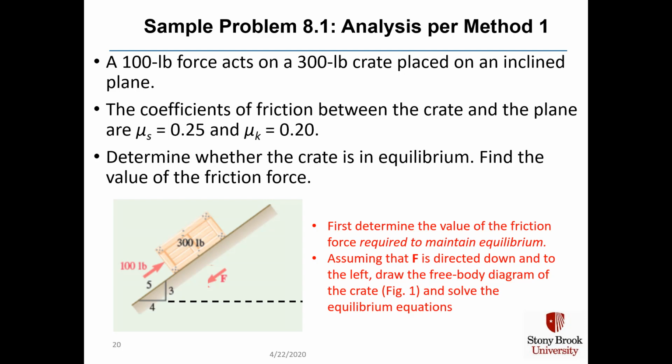And another side point is that even though we've drawn F going down and to the left, if our assumption is wrong and motion really is impending after all, we're just going to get a negative number for F, and the direction of F is just going to be up and to the right. So the problem will fix itself easily enough.